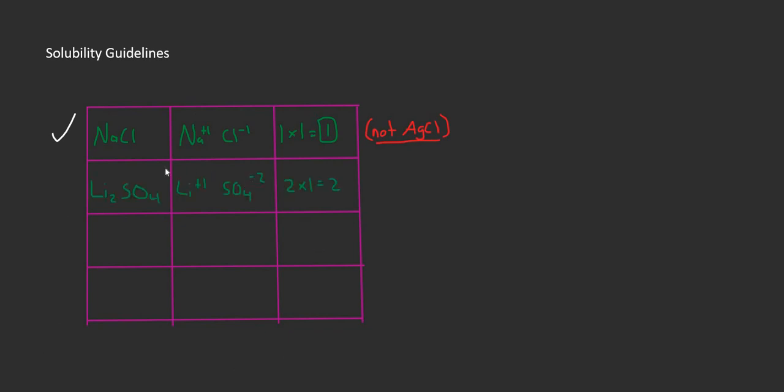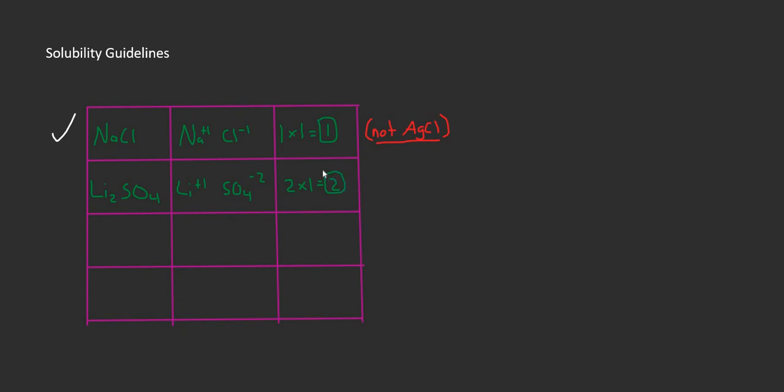So here is sort of our second category. So here we have a 1 and 2 for our compound. So here we're looking at the example of lithium sulfate. Lithium having a +1 charge, sulfate having a -2 charge. So if you multiply the 1 and the 2, like we did here, you'll end up with your product of 2.